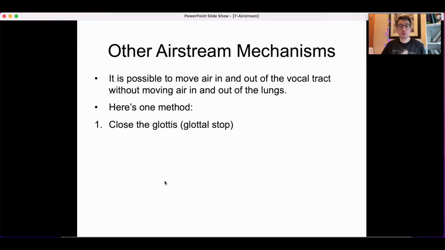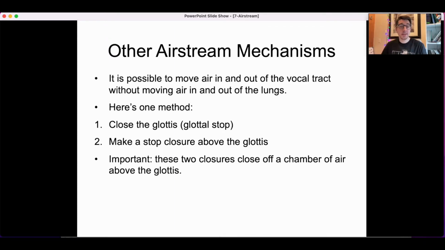So first of all, you close the glottis, like make a glottal stop, and then you can make a stop closure above the glottis. So you can make any stop closure, such as bilabial, for example, right? The important thing is that these two closures close off the chamber of air above the glottis. So you completely close it off, and Boyle's law applies because air pressure changes, right?